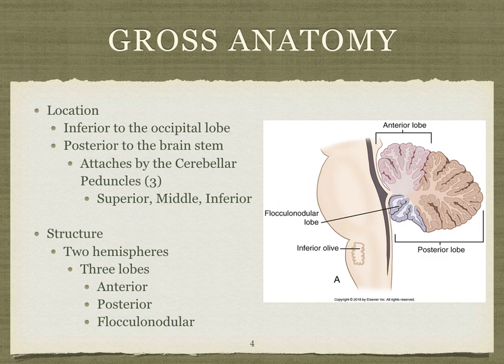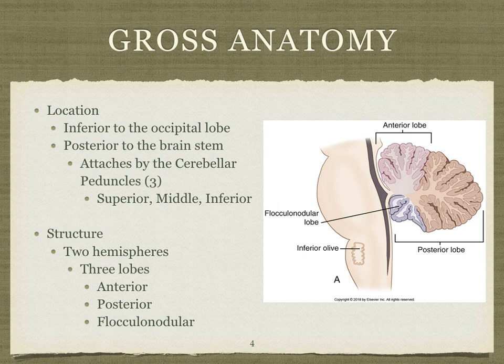And alongside that gray matter, it's made up of white matter, and that white matter is myelinated axons, going to and from the cortex. That white matter substance is called the arbor vitae, or the tree of life, as we can see in that cross section on this slide.